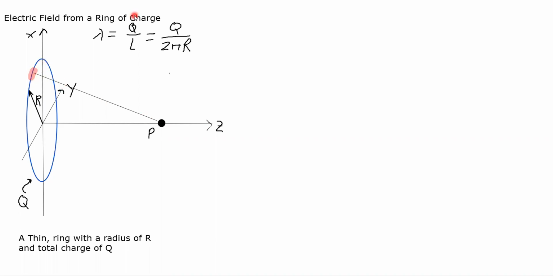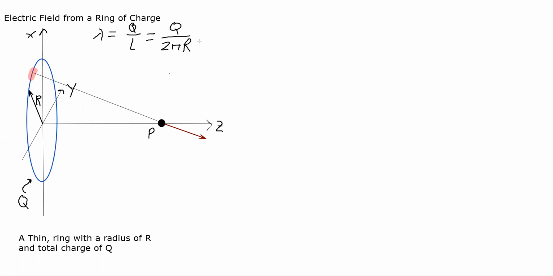If we're talking about positive charges here, the electric field would be kind of going in this direction, but into the screen here. It's going behind the screen.